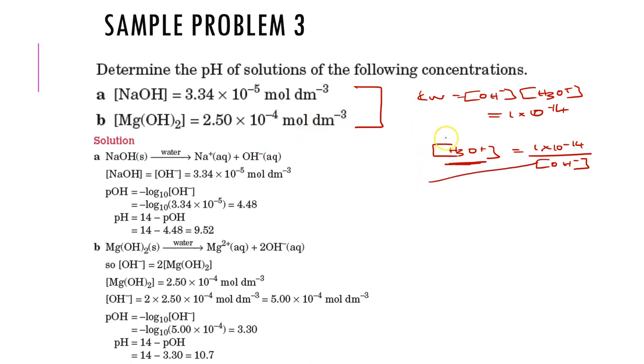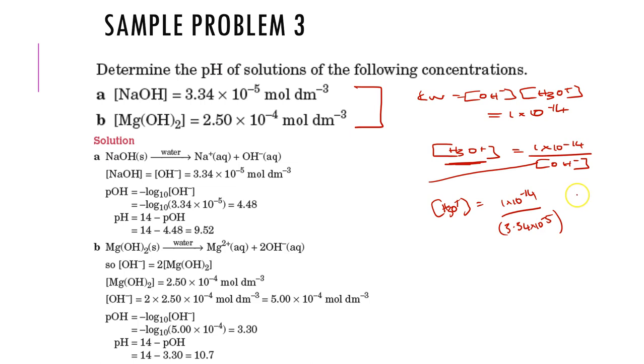And what we had to do here was to take our concentration of sodium hydroxide: H3O+ is equal to 1 times 10 to the negative 14 divided by, and remember to keep it in brackets when it's on the bottom, 3.34 times 10 to the negative 5.